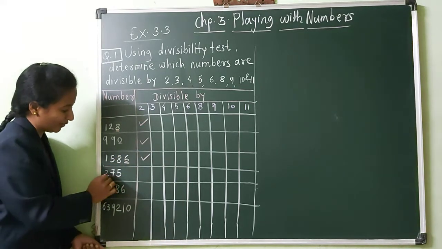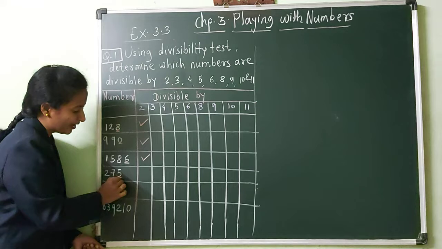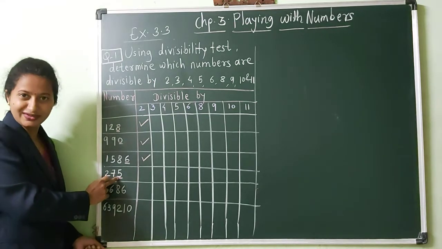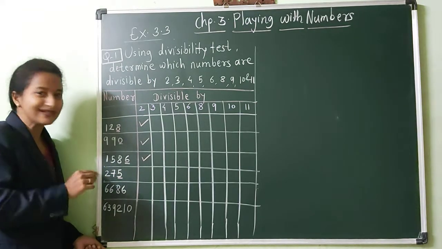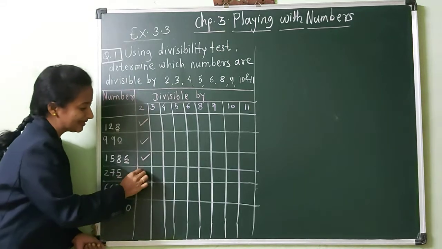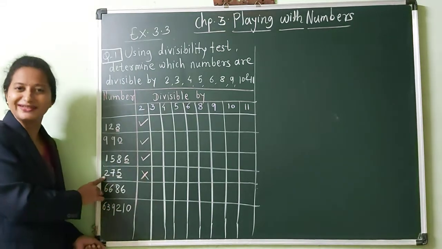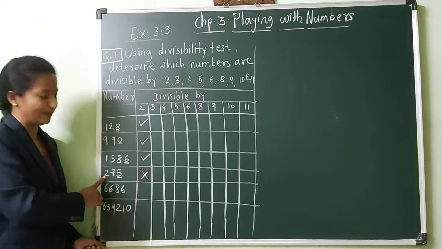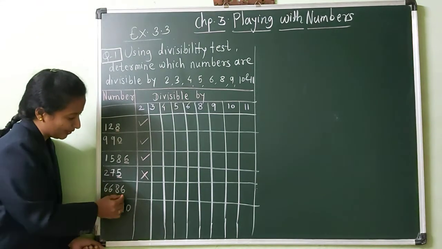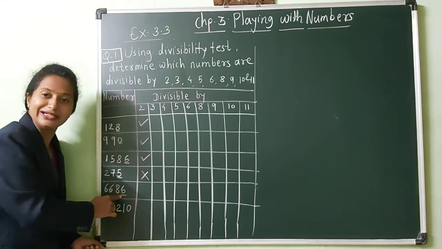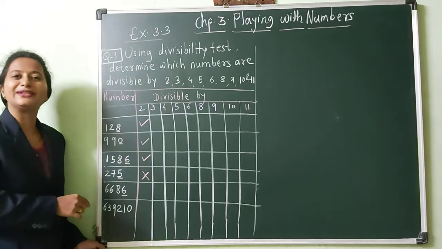Then the next number, 275. Now here the ones place digit is 5, right? You can see, and 5 is not divisible by 2. So this number, that means 275, is not divisible by 2. Then the next number, you can check the ones place digit, it is 6, and 6 is divisible by 2.